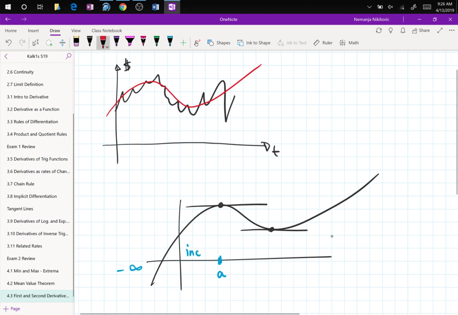Then you have this other part from a to b, where the function is decreasing, and then in blue again, from b to positive infinity, you have another increasing piece. So there is an increase, increase, and let's do red for decrease.